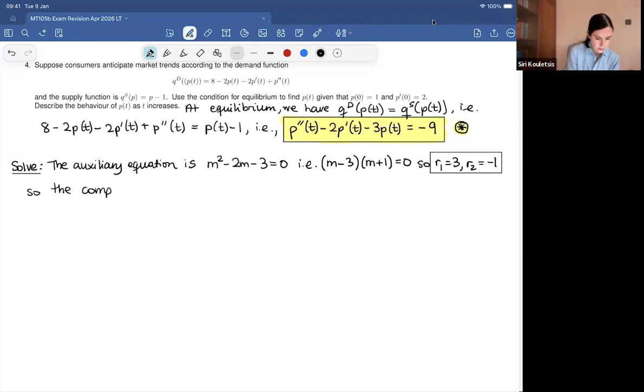And that means that the so-called complementary function, well, I'll give you a head start.